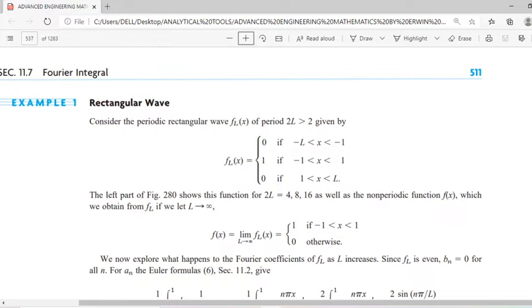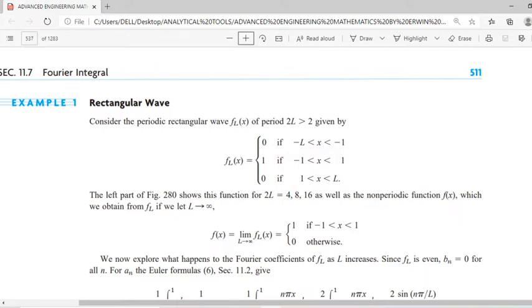We can consider 2L equal to 4 or 8 or 16 as well. We can take any one of the values 4, 8, 12, etc. So what happens if L goes to infinity?